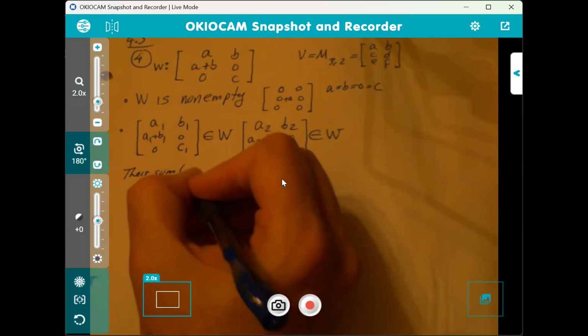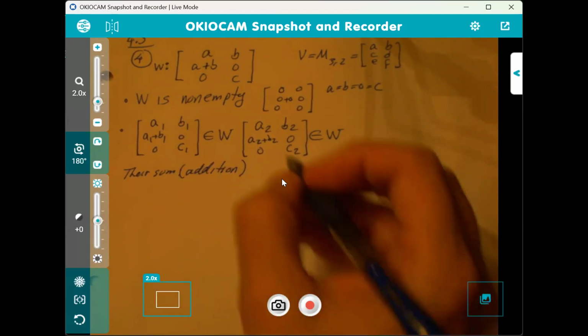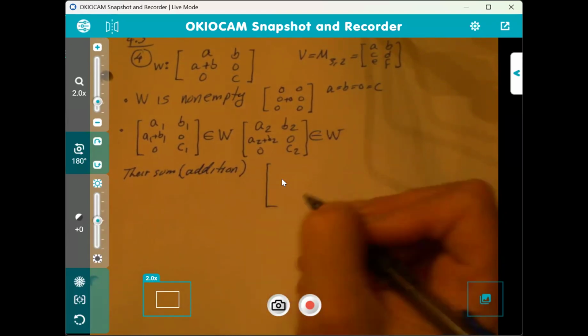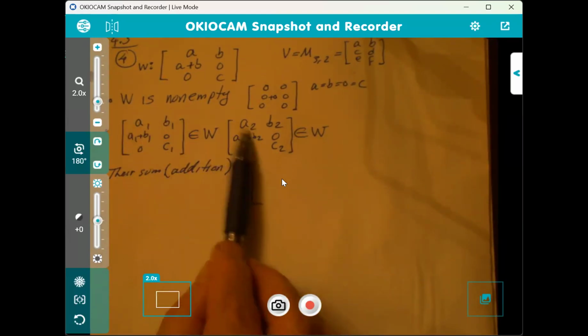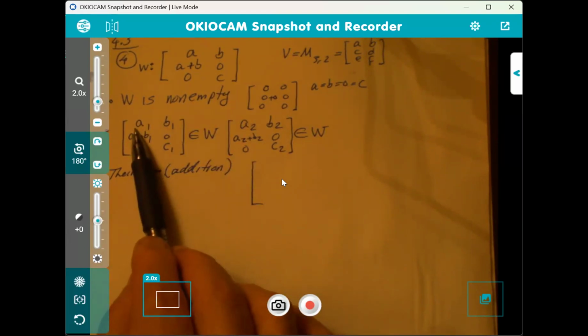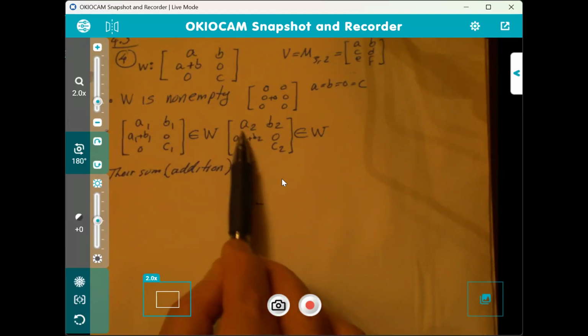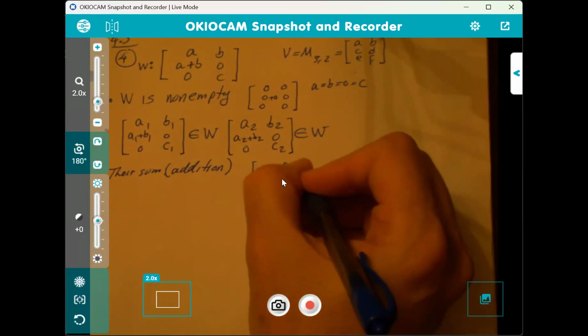That means we're looking at closure under addition. So for that, how am I going to do this now? We're adding two matrices. Remember, to add matrices, we add elements in the same row, same column. So A1 is going to get added with A2, right? So I'm going to have A1 plus A2.